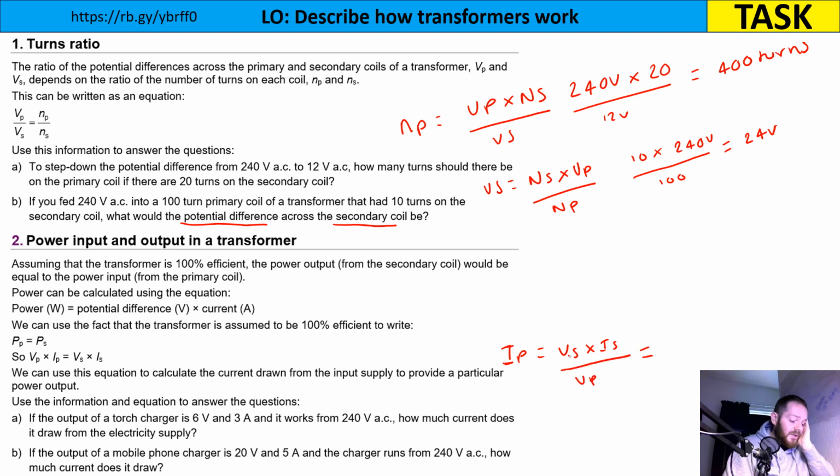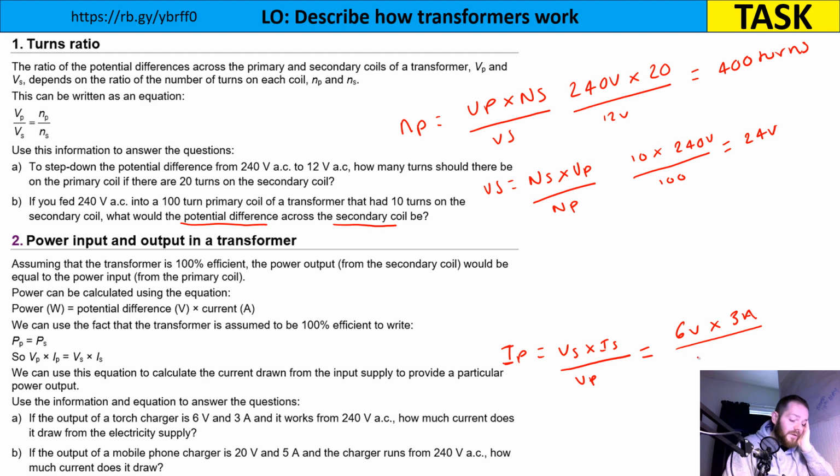Okay, so if we stick those numbers in, the voltage on the secondary, the output voltage, was 6 volts, multiplied by the output current, which was 3 amps. It says 3 amps there. And then we're dividing that by the primary voltage, so what voltage was put in?